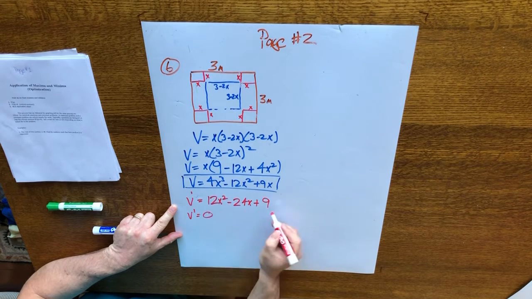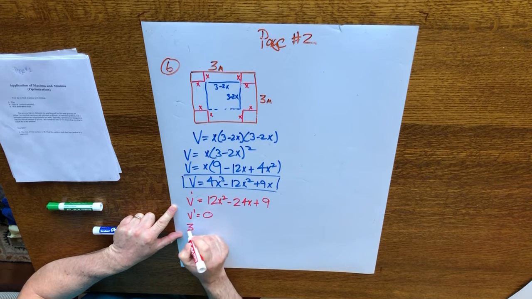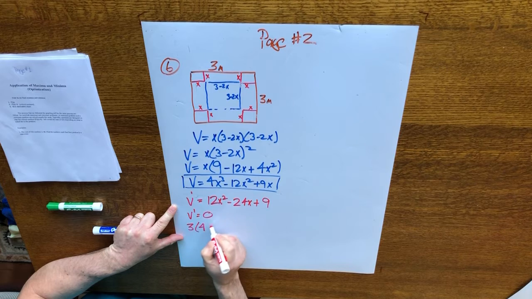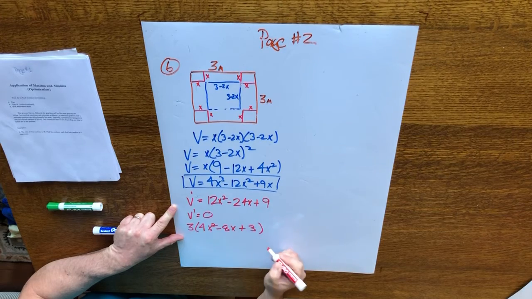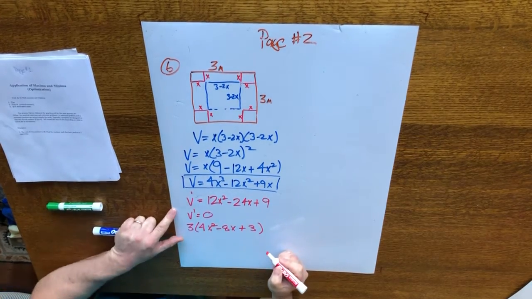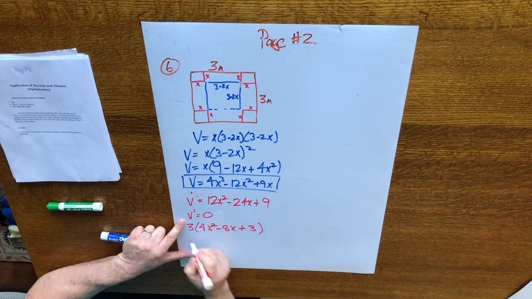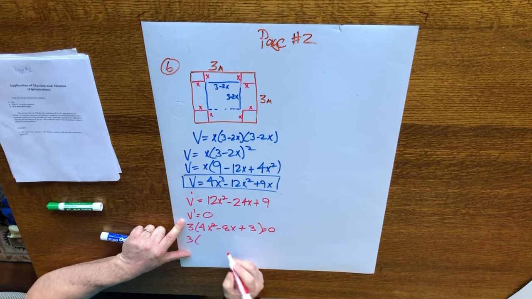I see I can factor a 3 out of that. If I take a 3 out, I've got 4x squared minus 8x plus 3. That equals 0. I'm going to try to do this quickly here.